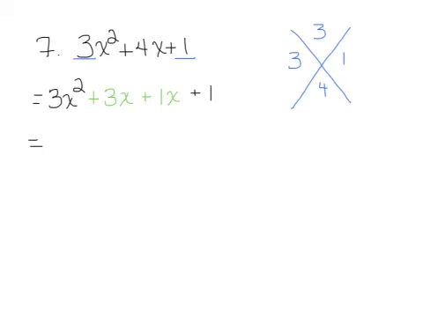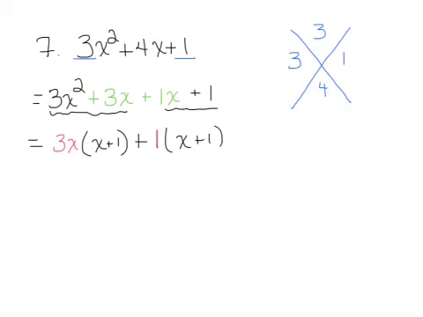Now I look at 3x squared plus 3x, and I know that I can factor a 3x out of there. And what's left? x plus 1. Then I look at x plus 1, and the only thing they have in common is a 1, so I will factor a 1 out of there, and I'm left with x plus 1.